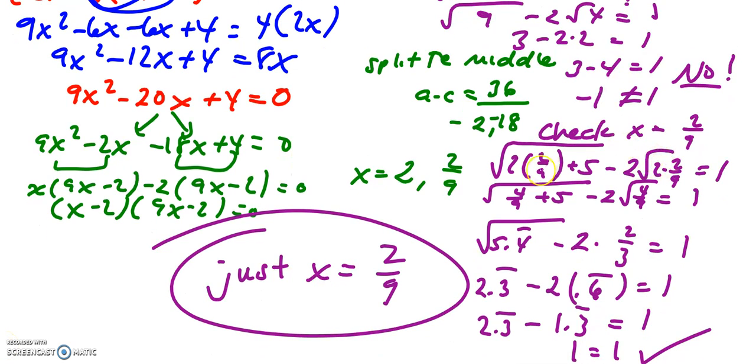When I plugged 2/9 in every time I saw an x, I ended up getting the square root of 5.4 repeating, which is 2.3, minus 2 times 0.6, so I ended up getting 2.3 minus 1.3, so that 1 equaled 1. So funny enough, 2/9 did work in this case, and the other answer of 2 did not. So the answer is just 2/9.